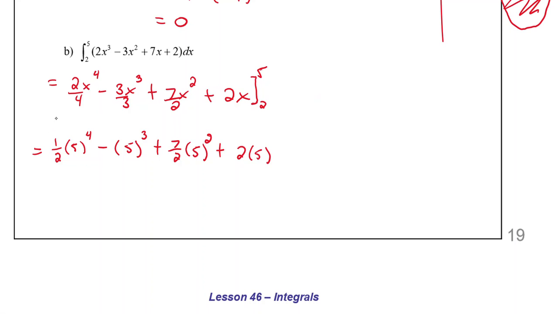I'm putting 5 in for everything first, and then subtracting 2 in for x. So that was our first one. And then we're going to subtract the same thing, but with 2 substituted in for x.